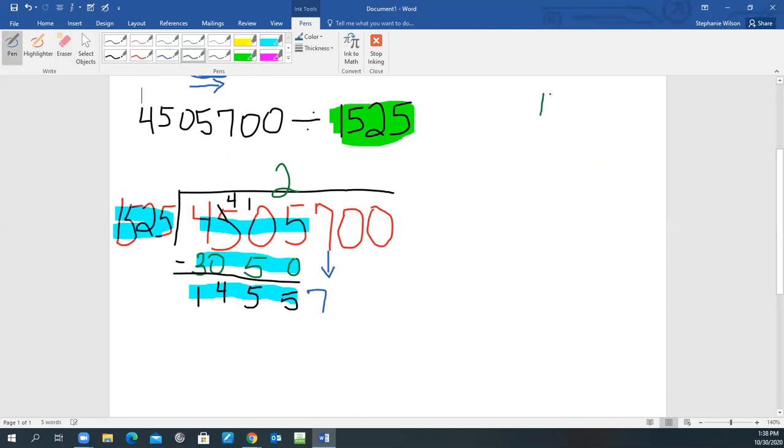So I have 1525. So 9 times 5 is 45. Carry the 4. 9 times 2 is 18, plus 4 is 22. 9 times 5 is 45, plus 2 is 47.